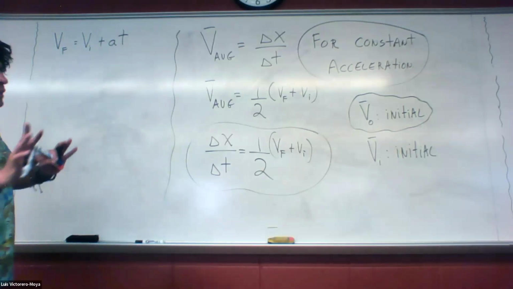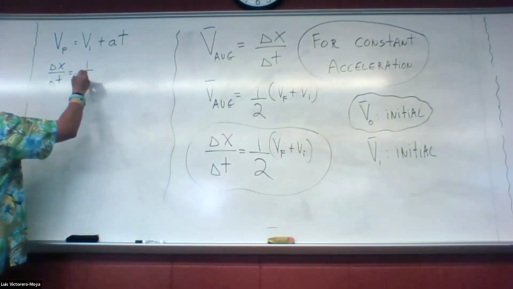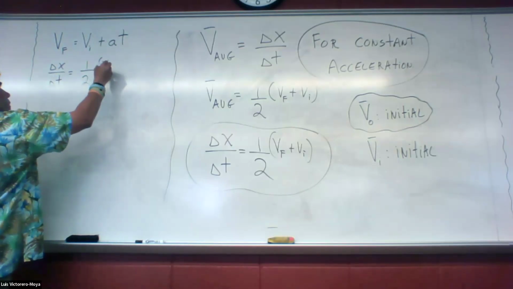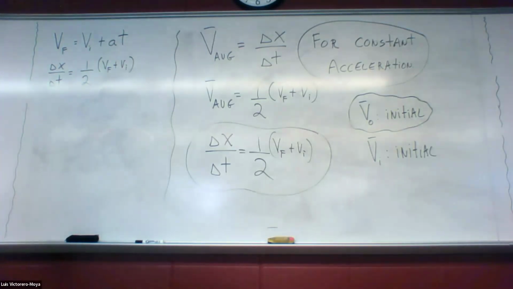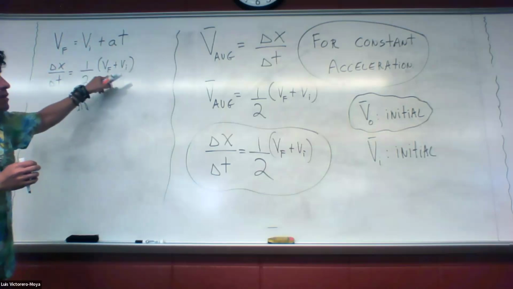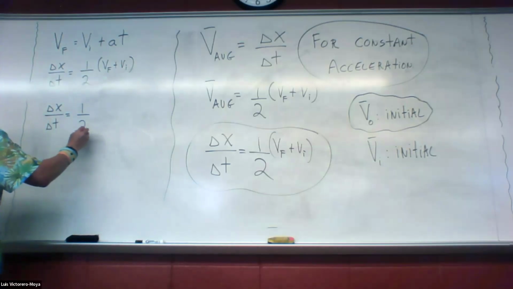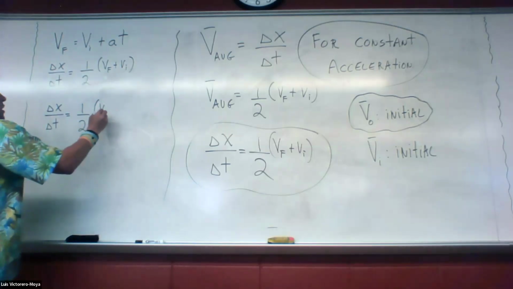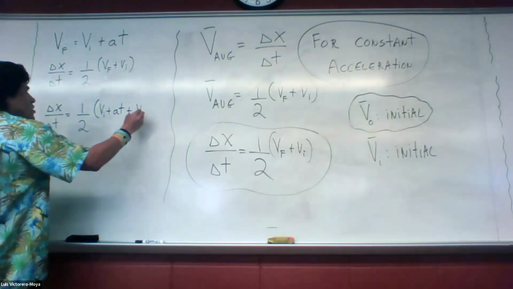Let's keep it simple, just like that. And then delta x over delta t equals 1/2 v final plus v initial. So to combine these two, I'm just going to write VF here. So delta x over delta t is equal to 1/2 v initial plus at plus v initial.